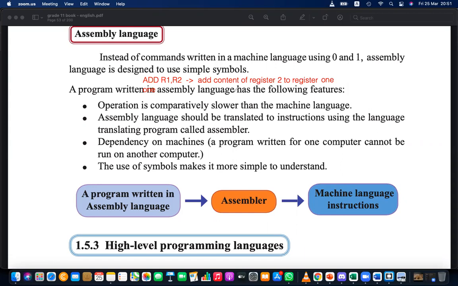And it is a short format, so it was a little easier to understand than the previous one, and a little slower than the previous. Why? The reason is it needs something in the middle, a translator. Let's say I'm speaking Sinhala and I have a Japanese friend and I need to communicate with him, but he doesn't know Sinhala and I don't know Japanese. Then I have to find a person who knows both Sinhala and Japanese.